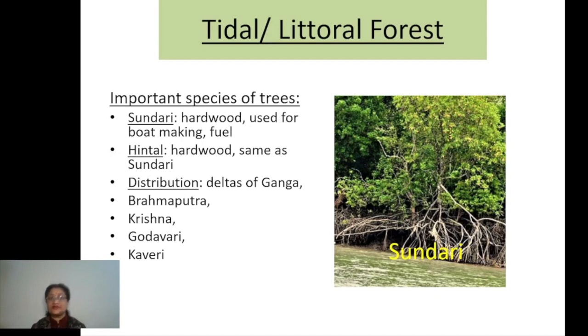Now come to the important species. What type of species are found in this type of vegetation? Number one is Sundari trees, Sundari trees, hintal, then several such other trees are found. Especially, children, here you need to know one very important thing: if you remember the Sundarban Delta, by what it has got its name.